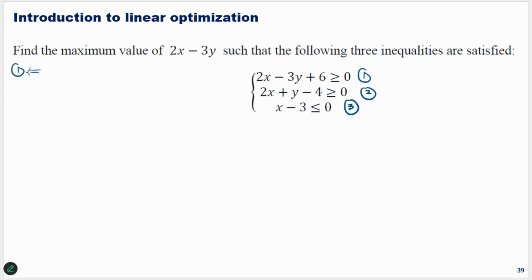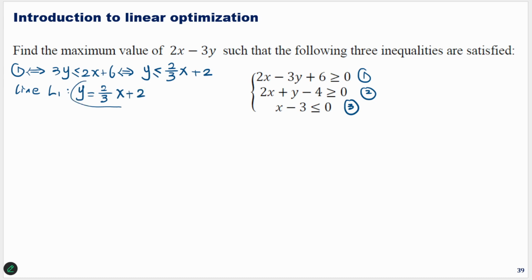Region number 1 is equivalent to 3y is less than or equal to 2x plus 6, which gives us y is less than or equal to 2/3 of x plus 2. Let's call this boundary line 1. Then the corresponding line is y equals 2/3 of x plus 2.